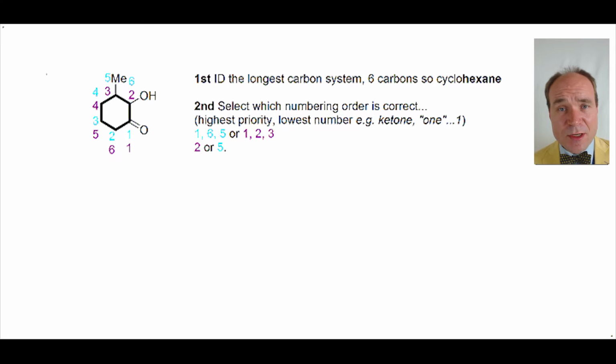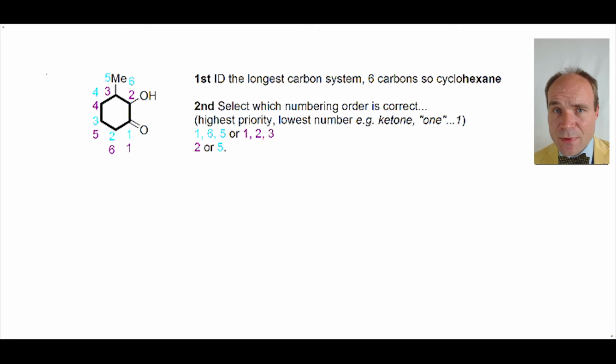From there, we've got a choice. Do we number in a clockwise direction to give our functional groups positions 1, 6, and 5? Or alternatively, do we number in an anti-clockwise direction to give our functional groups positions 1, 2, and 3? To answer that question, we look to the lowest number, but in both cases that's 1.